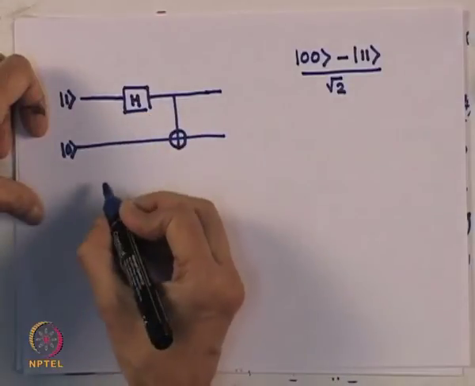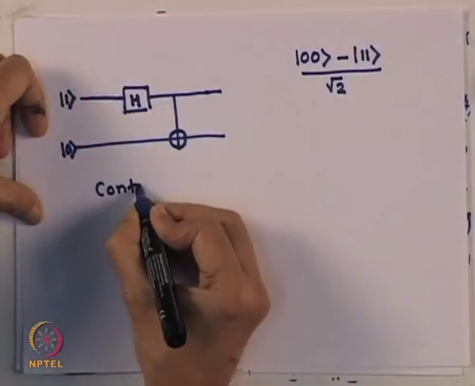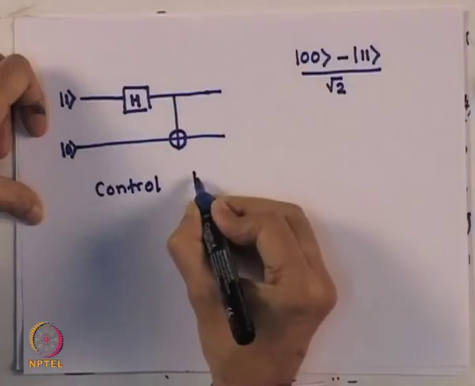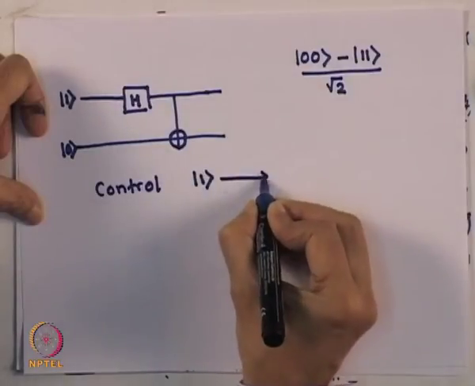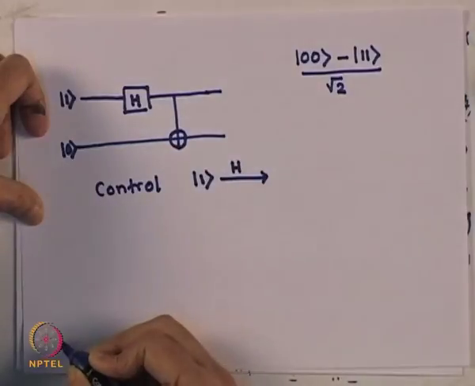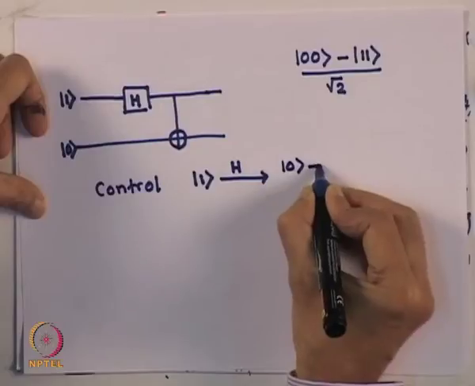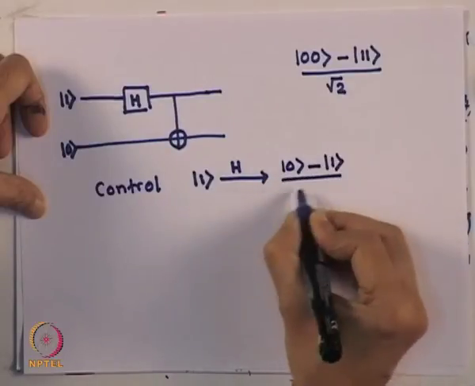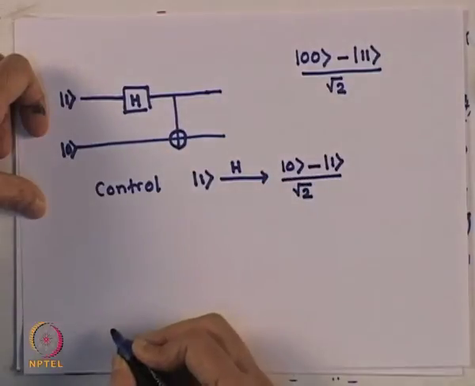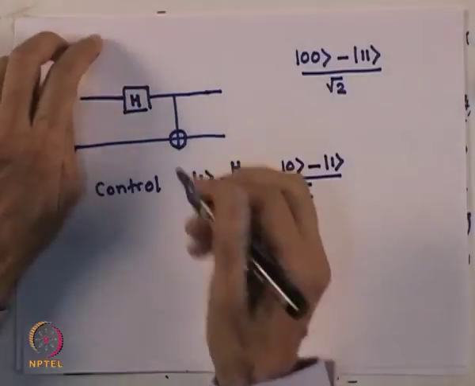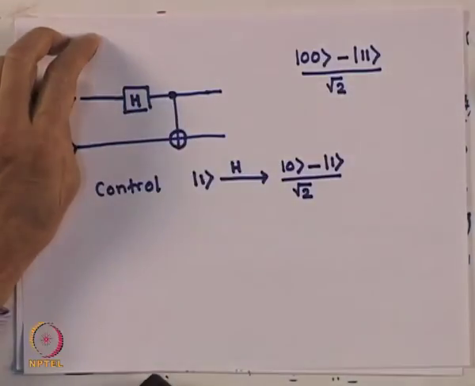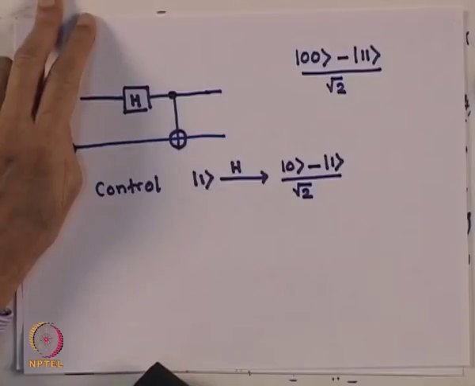So my control bit becomes like this. I had 1. Now this 1 is subjected to a Hadamard gate. We had seen by definition of the Hadamard gate, this gives me 0 minus 1 divided by square root of 2. So you notice, this control which is there now is not just a single control, either 0 or 1, but is a linear combination of 0 and 1.